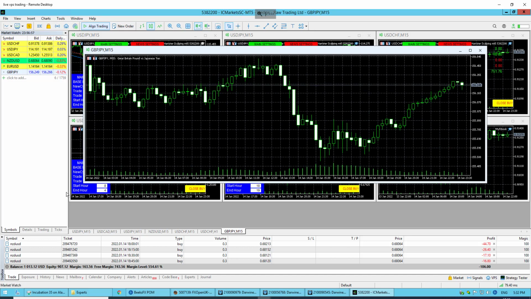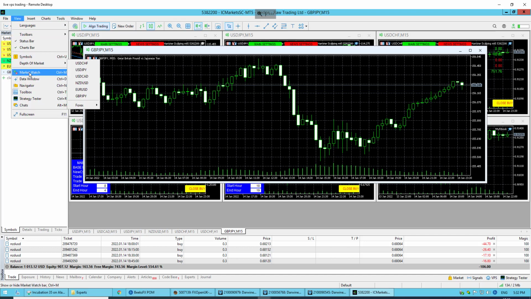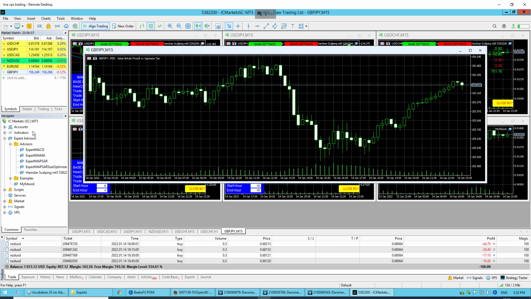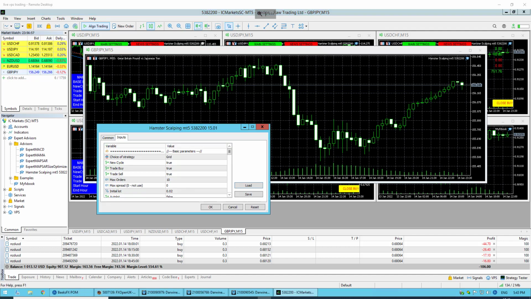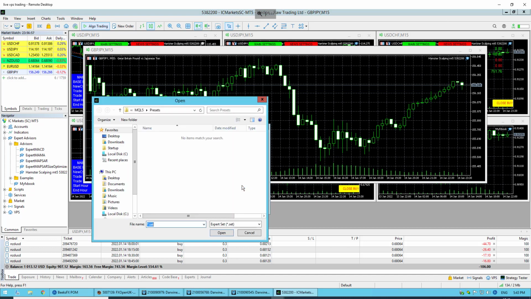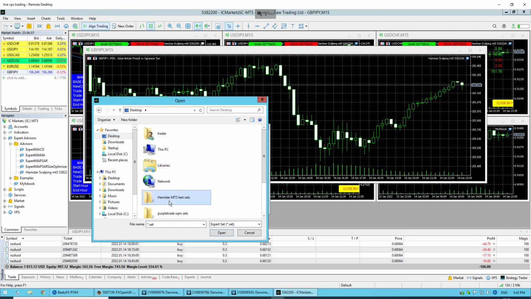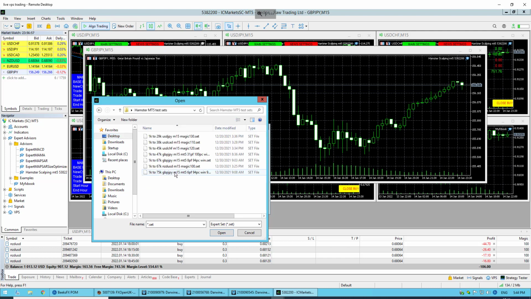So we're going to put the hamster into it. We need to add the navigator. Okay, then load, go to desktop, put it into here. So let's load the 3.